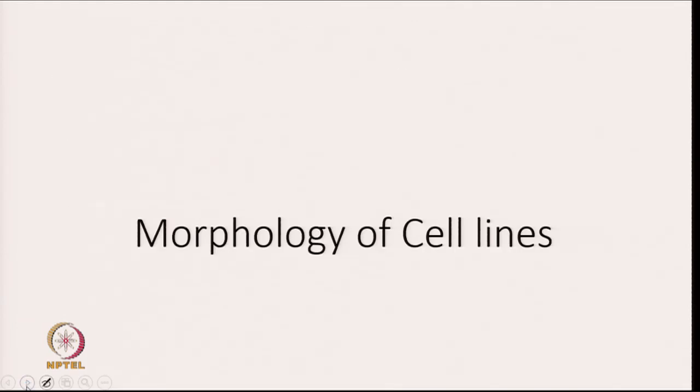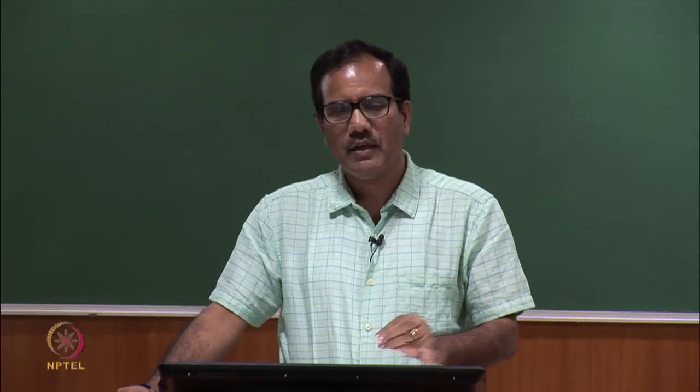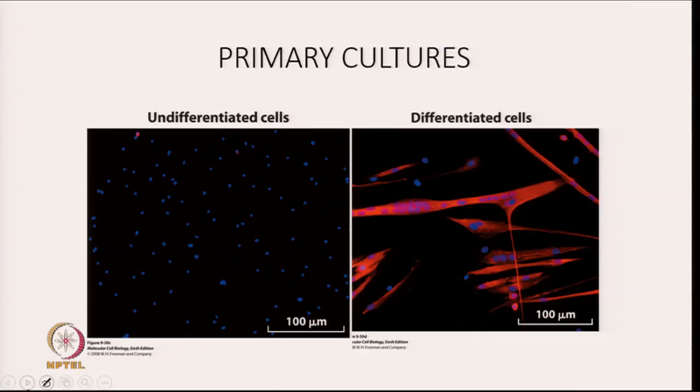Not only can we look at the different parts of a cell, we can also see the morphology of cell lines, and here is one example. This is an example of undifferentiated cells. You can see how it looks in a fluorescence microscope, and now when you take differentiated cells, how will this look?